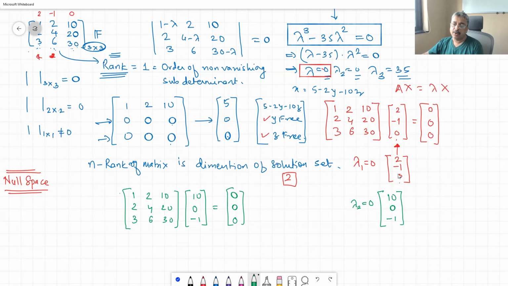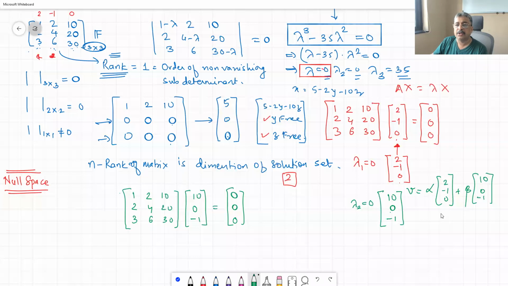And now using these two, say alpha times 2, minus 1, 0 plus beta times 10, 0, minus 1, you can create infinitely many vectors which will eventually produce zero vectors here. We will go back to that a little later.